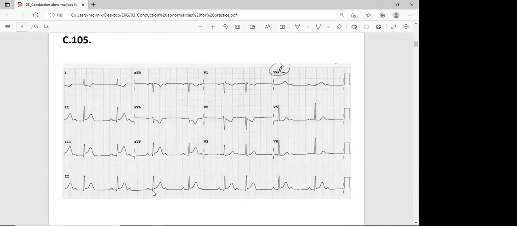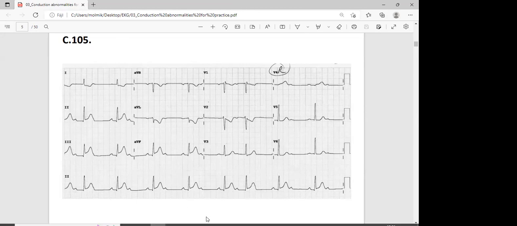So here you could say that this is a 2-to-1 conduction abnormality, except here, because here we do have an atrial premature beat, and that's interrupting this 2-to-1 conduction. But I would say that this is a 2-to-1 conduction abnormality. Okay, so that's a weird one, but this is what we diagnosed.